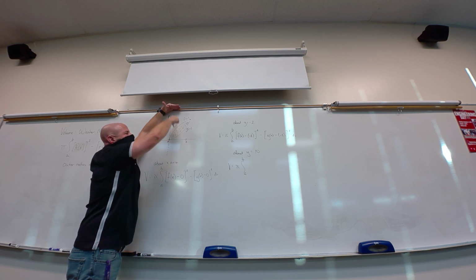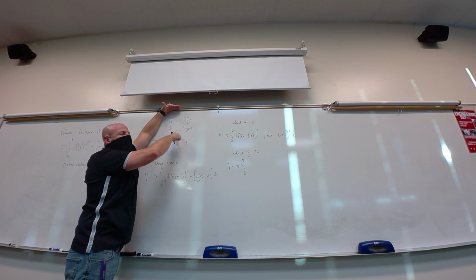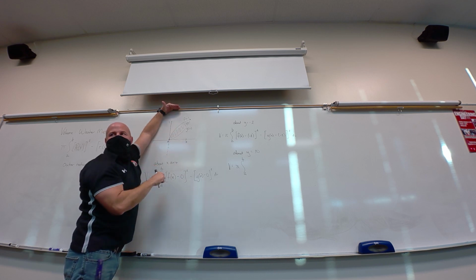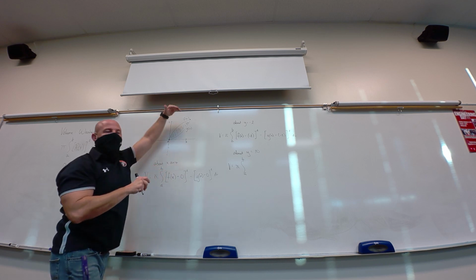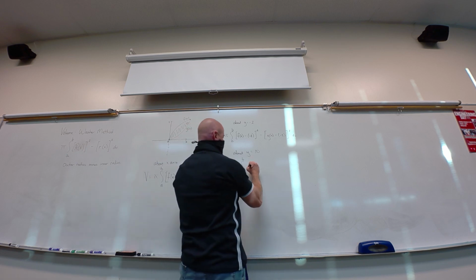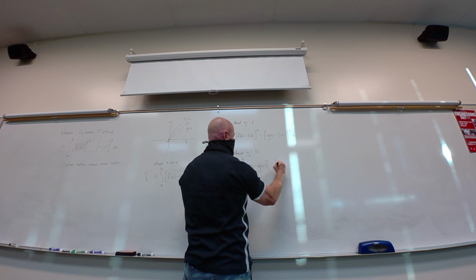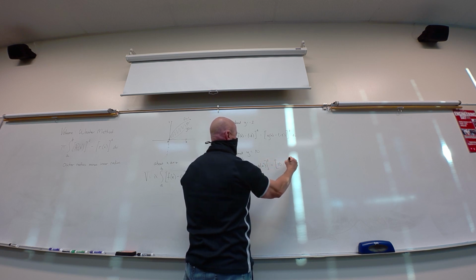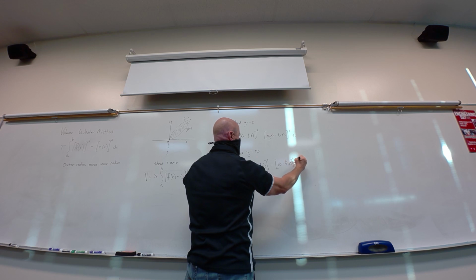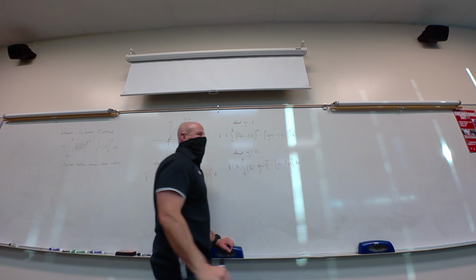So from here to g is the outer radius. From here to f's the inner radius. So it would look like this. 10 minus g of x squared minus inner radius 10 minus f of x squared dx.